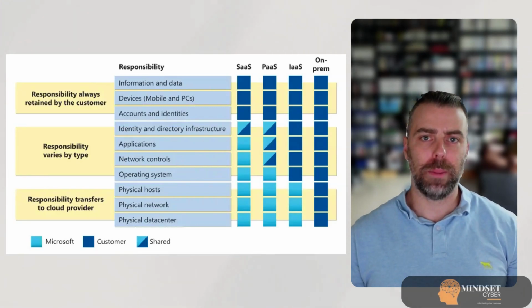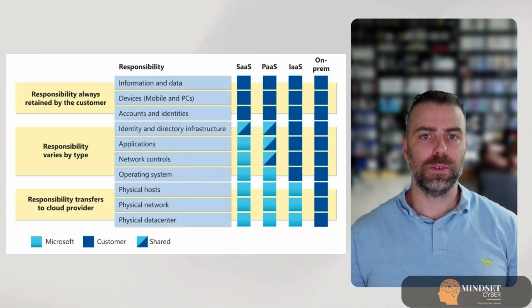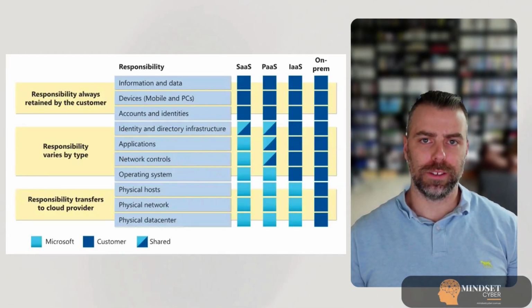Platform as a service, or PaaS. Things like Google App Engine or Azure SQL. The provider manages the OS and the runtime, but you still control the code, your data, and any access to it. Software as a service, or SaaS. This is your M365, Xero, Canva. The vendors handle the stack, but you still manage who has access to it and what they can do.